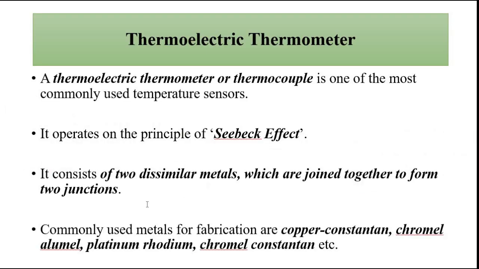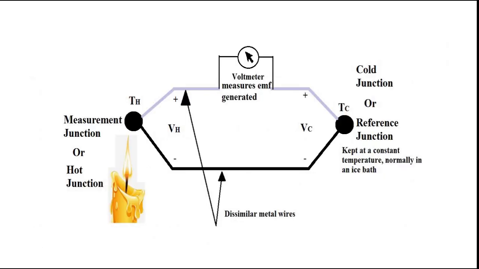These 2 junctions are called the hot junction and the cold junction. The hot junction is always placed in contact with the object or the surroundings where the temperature is to be measured. It is also called the measurement junction.